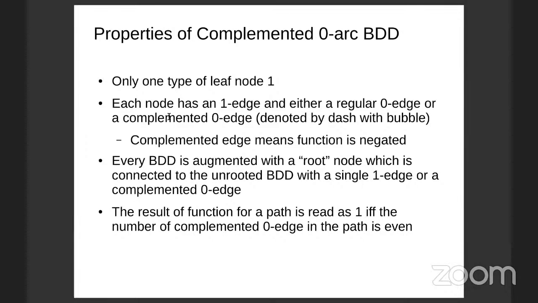It provides a lot of these functions as part of these libraries, okay? We've been talking about these functions: apply, restrict, existential quantification, elimination, and so on. So given BDDs, it has a whole bunch of functions that you can actually use. But I'm getting into the internals of some of these things just so you will understand what is going on. It's strictly not necessary for you to know the details about zero arc BDD if you want to use the CUDD package just as a black box.